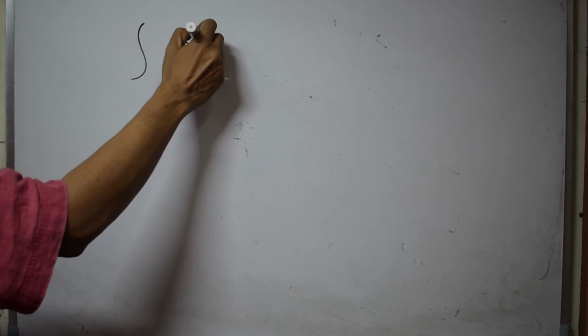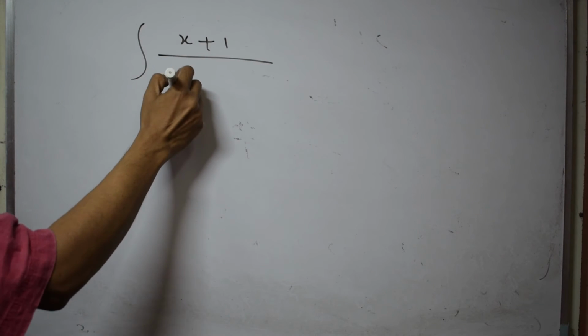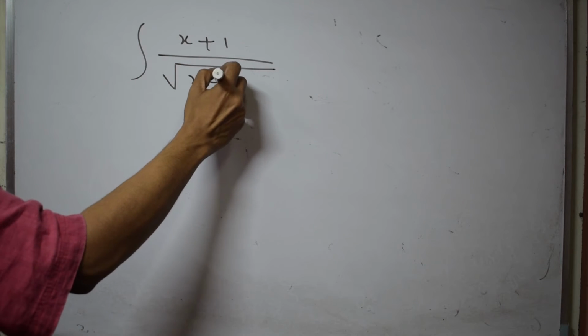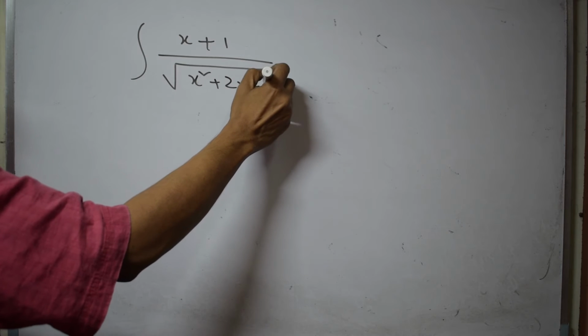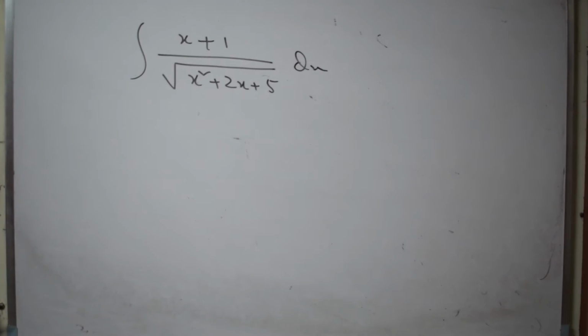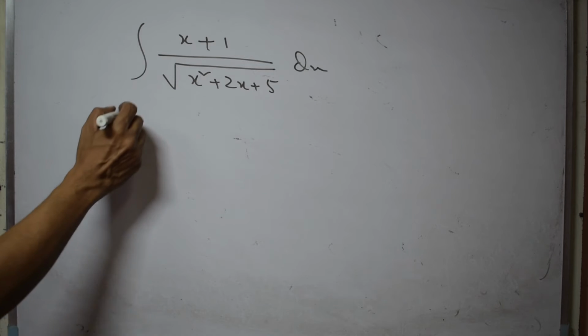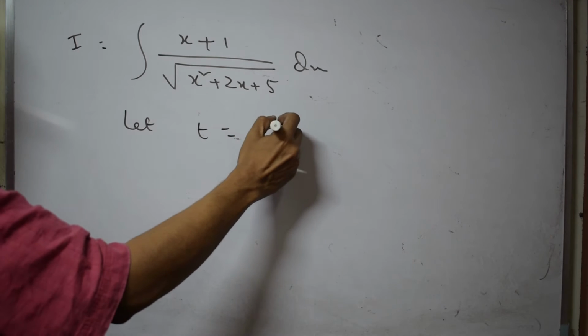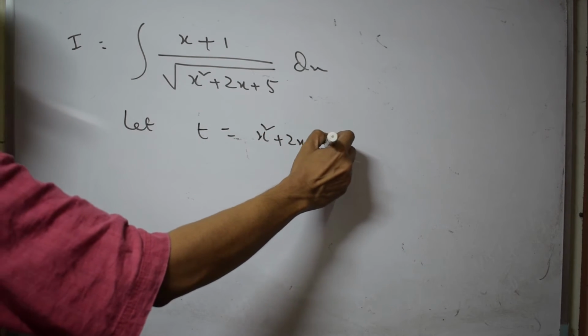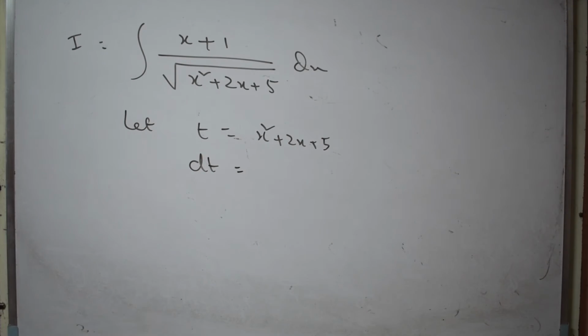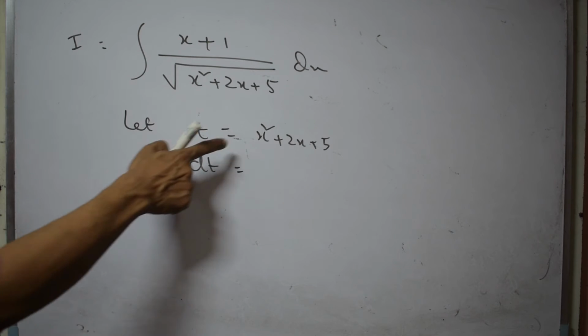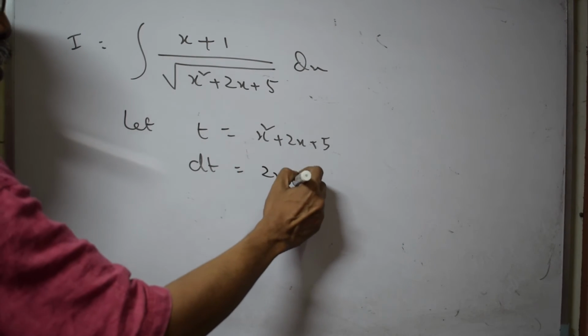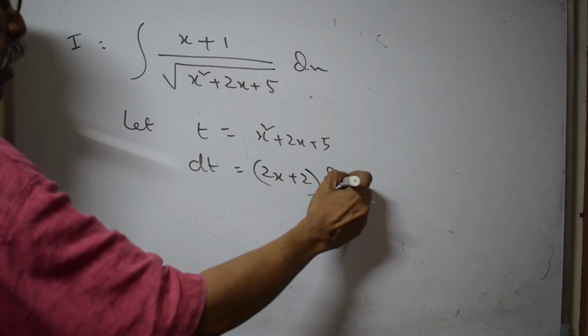Like it's a simple problem, (x plus 1) over the square root of x square plus 2x plus 5. Here also we are finding the same problem, x square plus 2x plus 5. We cannot simplify, we will take that part as t. So when I am taking t is equal to x square plus 2x plus 5, then dt, that is a derivative dt by dx we can say, but we are writing dt as 2x plus 2 into dx.